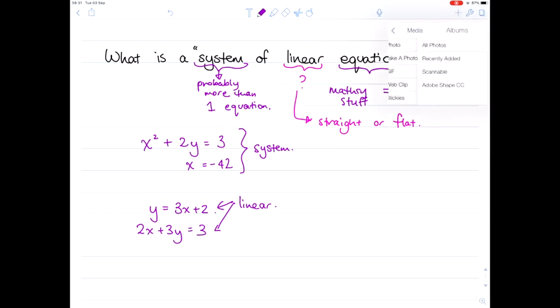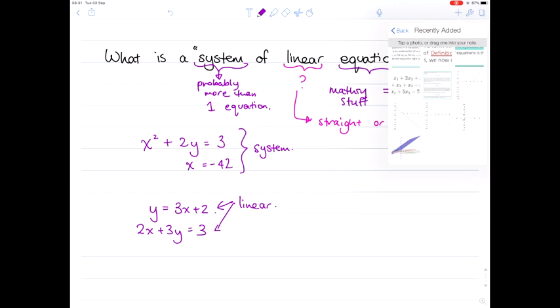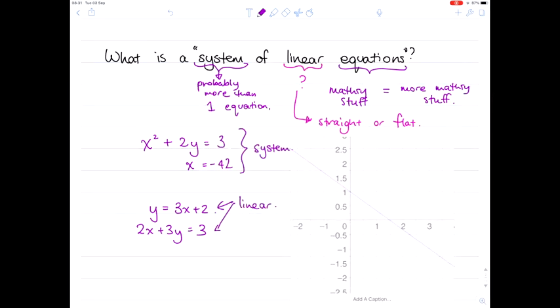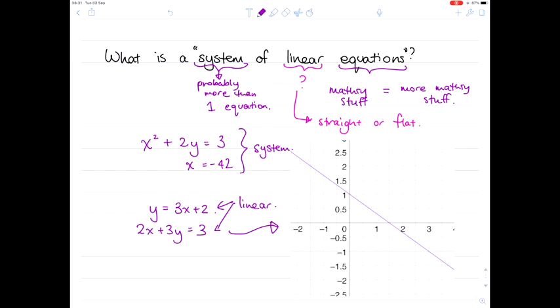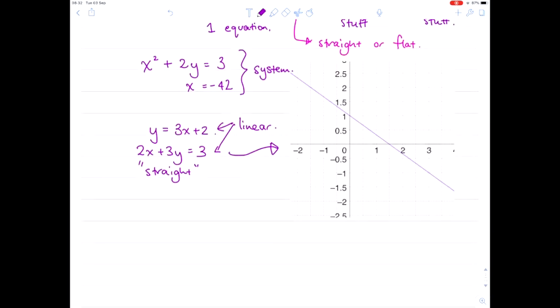And in fact we can pop in a picture of one of these. So this photo over here is of this line 2x plus 3y equals 3. So this is where our idea that a linear equation is straight comes from. But we're also going to look at equations in 3 dimensions.